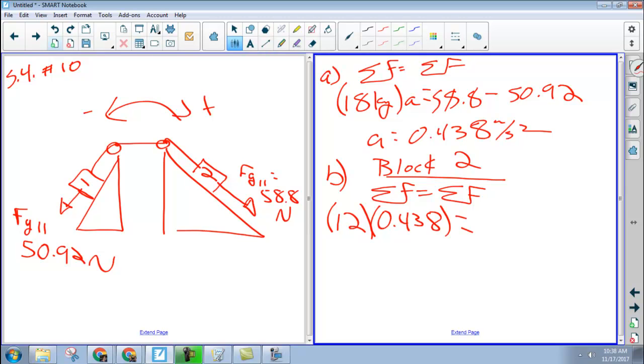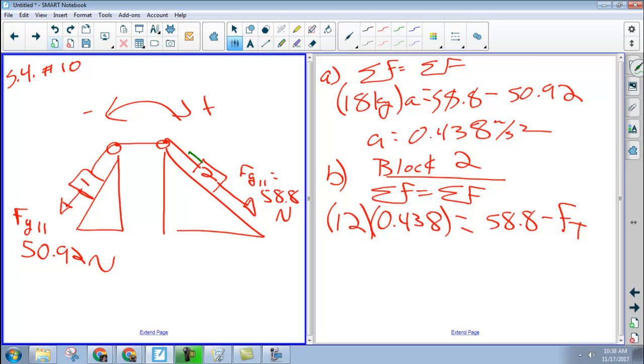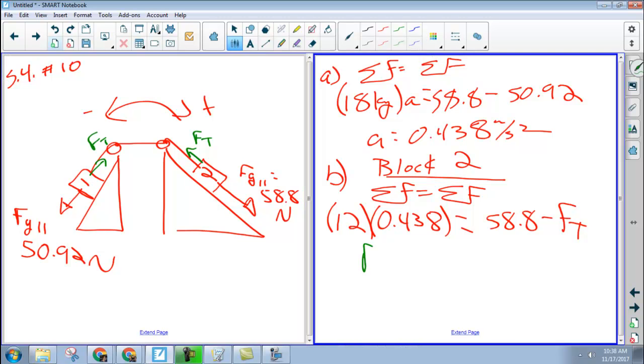That's got to equal FG parallel, which is 58.8, minus the tension. Because there's only two forces on block 2, gravity and tension. Follow? All right, so solve for your tension, and you get 53.5 newtons.